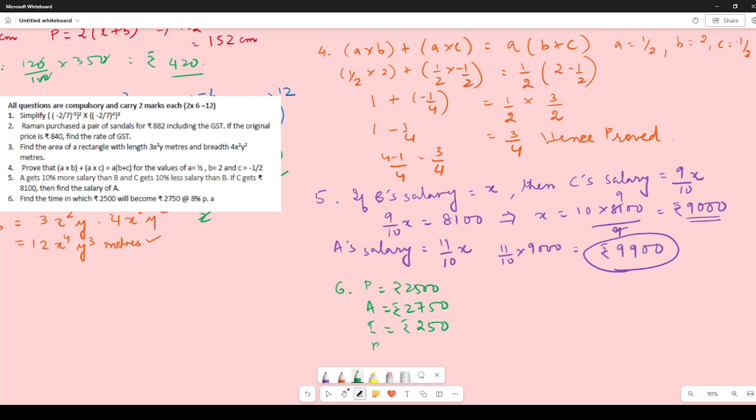Now rate is given 8% and we have to find the time. So T is equal to SI into 100 by P into R. So 10 by 8, that makes it 5 by 4 years. In 5 by 4 years, this will become 2750.